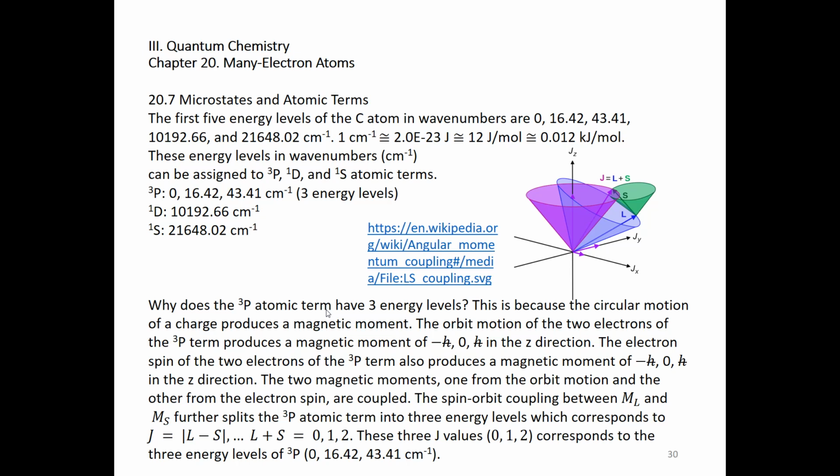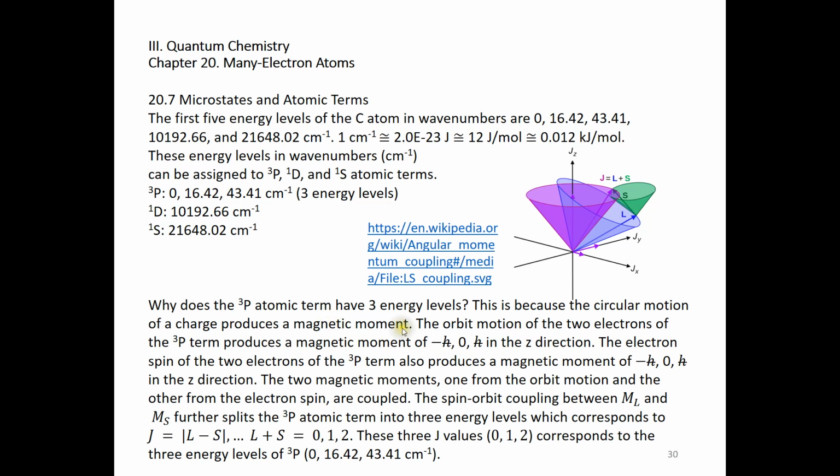When you have angular momentum and spin, there are two different magnetic moments, and they can interact with each other. They can be aligned in parallel or anti-parallel, or in a way that they are perpendicular to each other. So between these two magnetic moments, there can be attraction, repulsion, or no interaction overall.